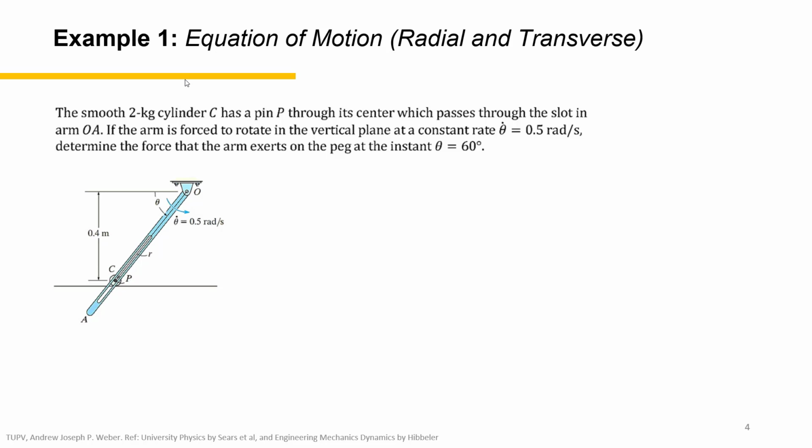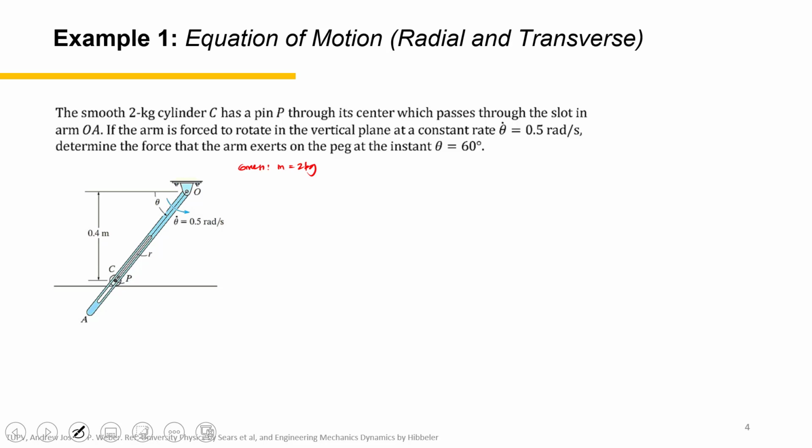So, as usual, let's first write out all the necessary givens. One of the givens is, of course, the mass of the cylinder C, and that is equal to 2 kg.